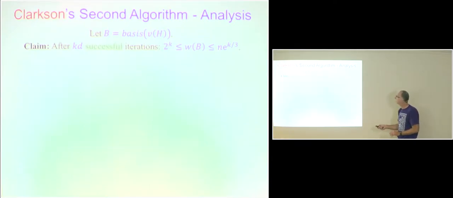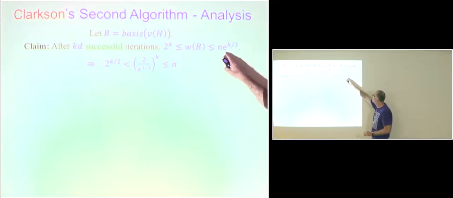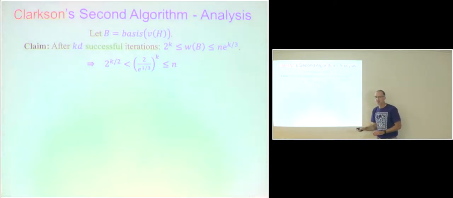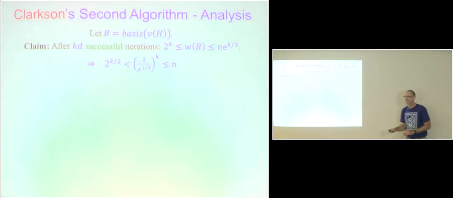Now, if you look at it for a second, you might be a bit worried. Why? Because if k is large enough, then this is actually larger than this, because if you look at what e to the 1/3 is, it's actually less than 2. Okay, so is this a cause for worry?